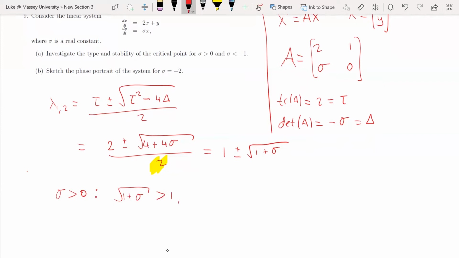So we're actually going to get real eigenvalues of opposite sign. So we're obviously going to have an unstable saddle here.